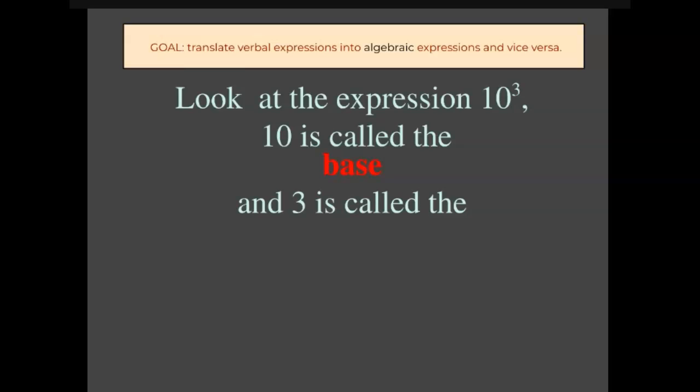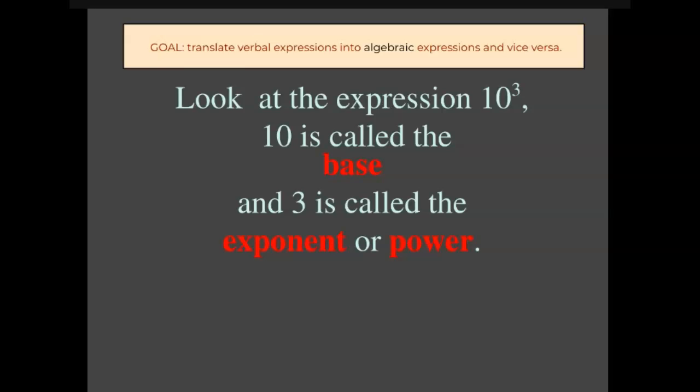And 3 is called what? Malia said exponent. Anybody else? A different way of saying exponent? It starts with the letter P. What do you guys have? Alright, so it's called exponent or power.